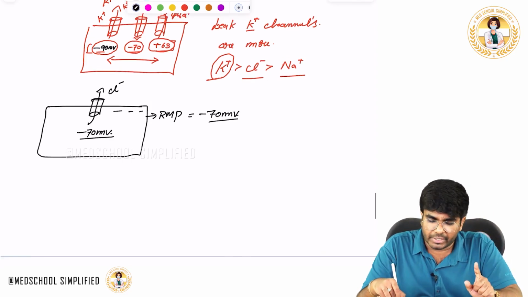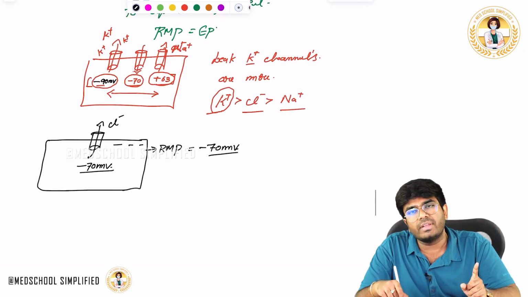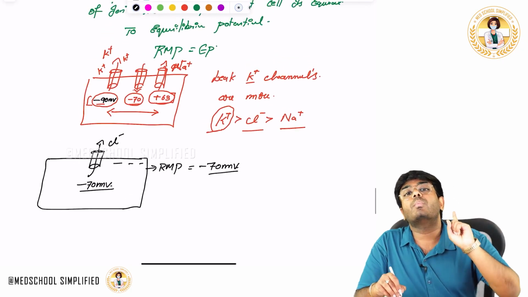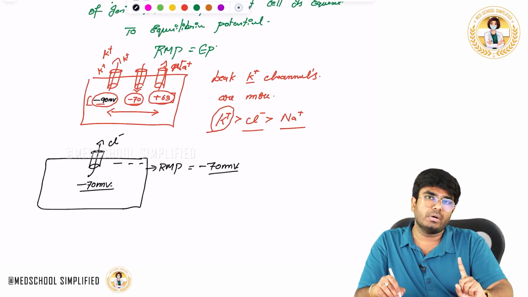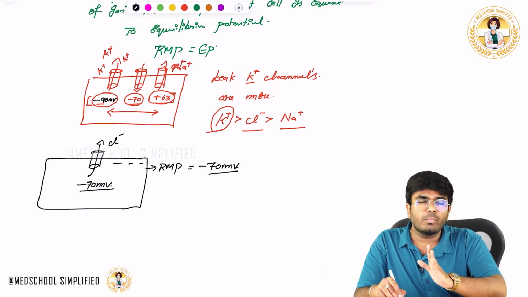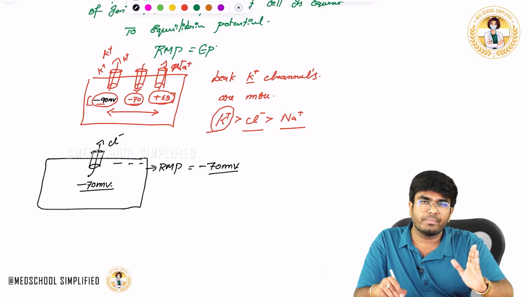But again and again I am telling you, in our cells multiple types of leaky channels are present, but potassium leaky channels are more in number. So the resting membrane potential is closer towards potassium.